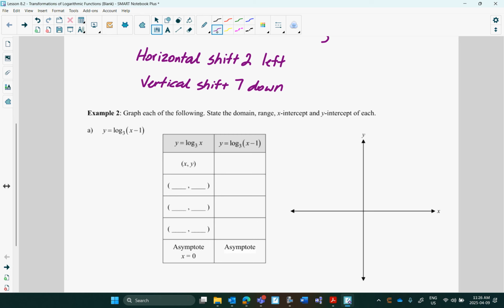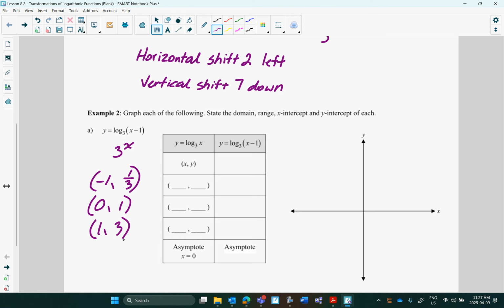So log base 3 of x minus 1. First of all, we want points from log base 3. But remember what I said to do first? Do 3 to the x first, and then reverse them to get the log base 3. So 3 to the x, remember I said pick -1, 0, and 1. So 3 to the -1 is 1/3. 3 to the 0 is 1. 3 to the 1 is 3.